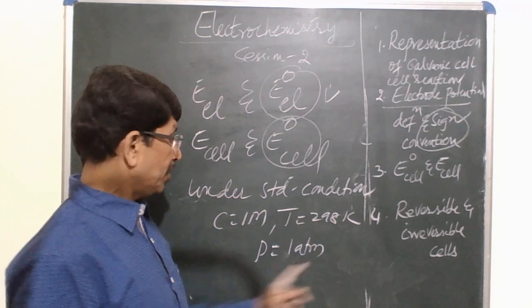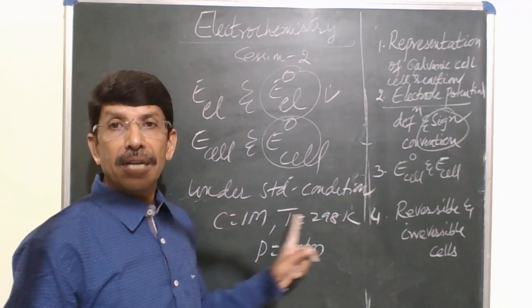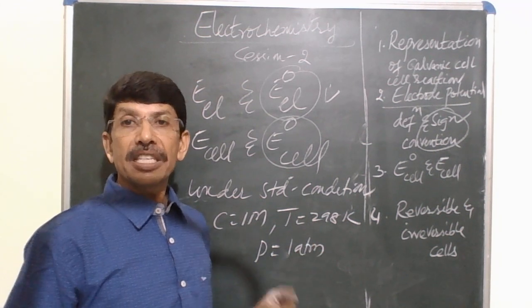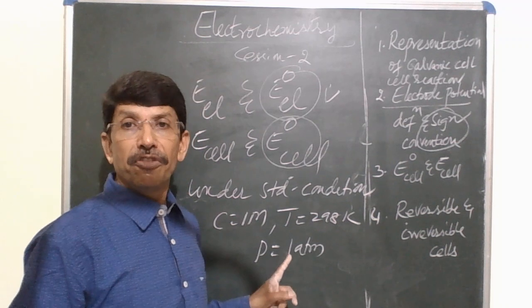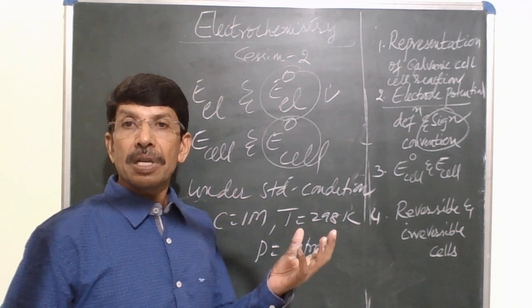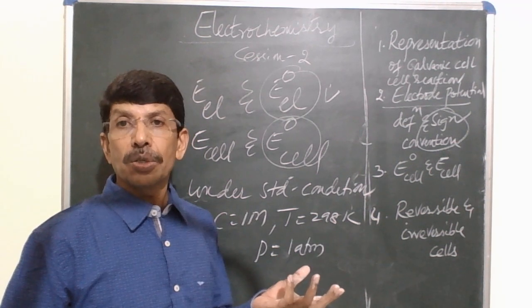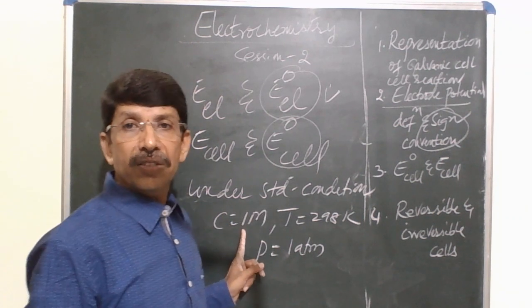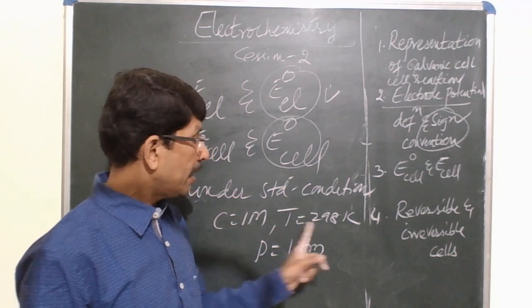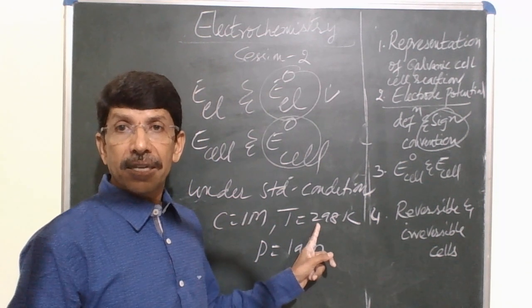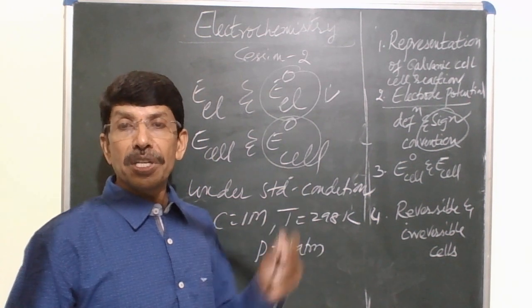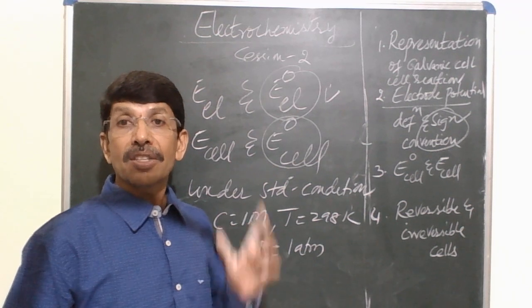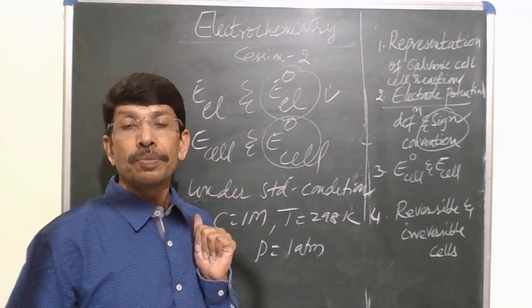Concentration of the gas depends upon pressure, so if you fix the pressure, the electrode potential of the gas electrode is also fixed. So if you maintain the concentration of the electrolyte as 1 molar and temperature as 298 Kelvin, then the electrode potential measured is called a standard electrode potential.